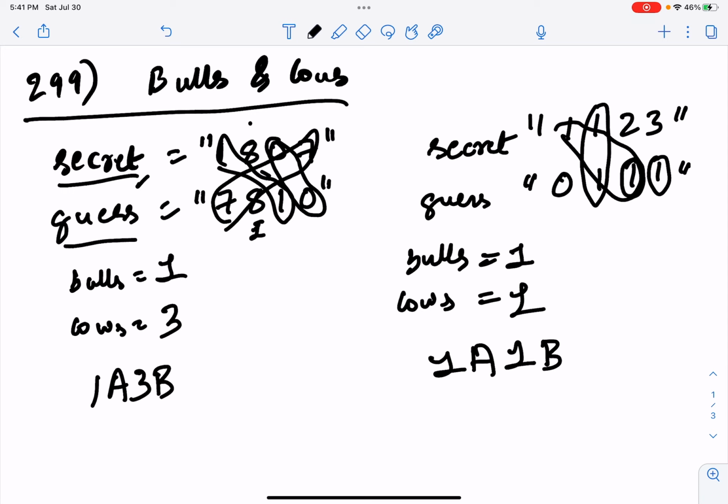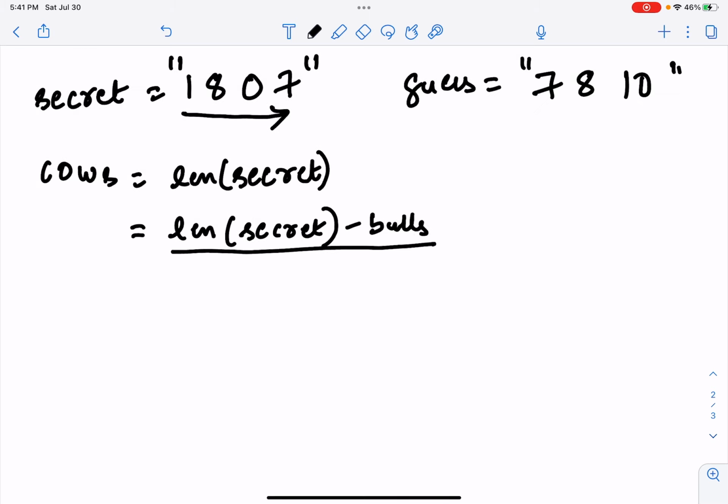Okay, let's take an example and solve it. The way we're going to solve it is we're going to create an int array to count the frequency of the occurrence of numbers.